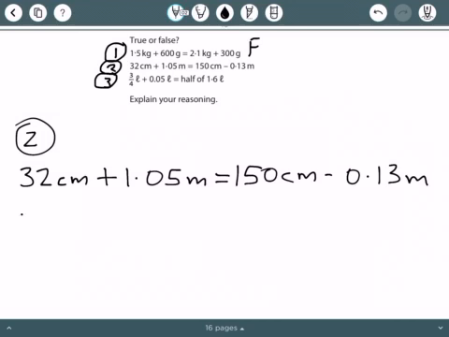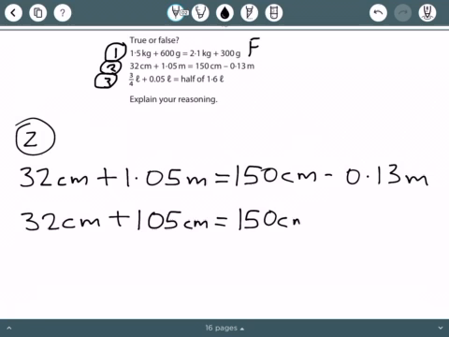So we've already got 32 centimetres. It's already in centimetres. Now 1.05 metres. So 1 metre is 100 centimetres. And 0.05, well, that is 105 centimetres. So we're saying that is equal to 150 centimetres subtract 0.13 metres.